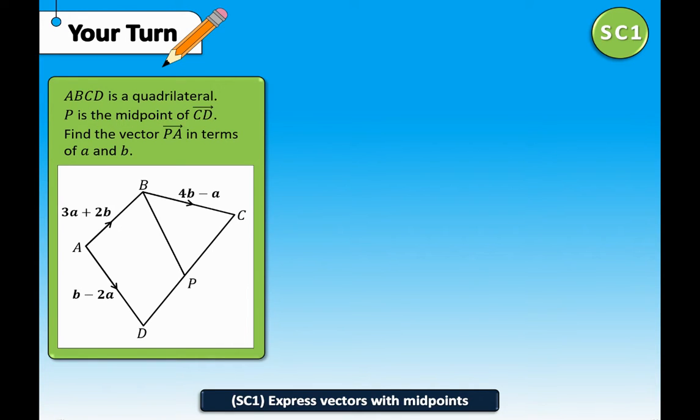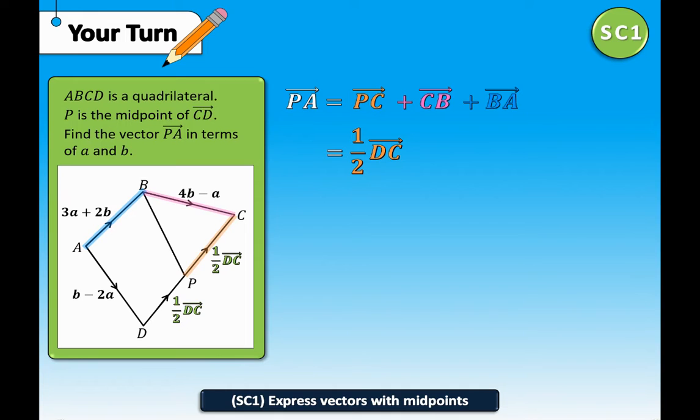So for the green question, we want to find the vector P to A in terms of a and b. So D to P is 1/2 of D to C, and P to C is also 1/2 of D to C. So if we want to go from P to A, we can go from P to C, then from C to B, and then from B to A. So P to C is 1/2 of D to C. C to B is minus 4b plus a, because you're going against the arrow.